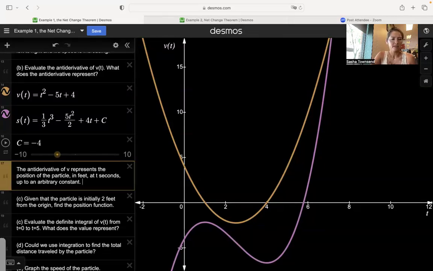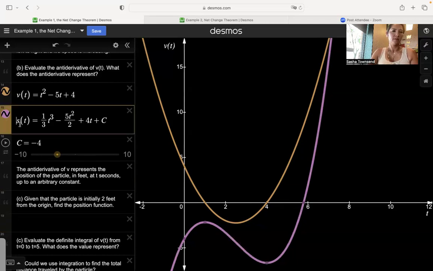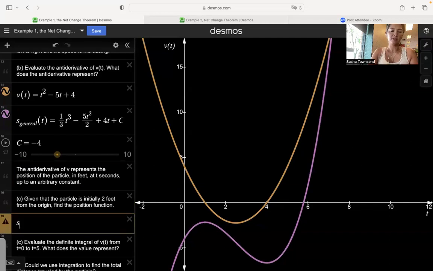Okay, so now we've got our position function. I'm going to call this one the general solution. And then this s I'm going to call the particular solution.